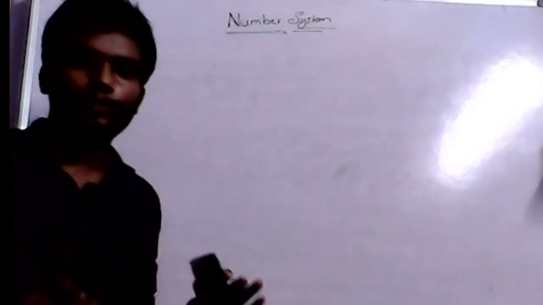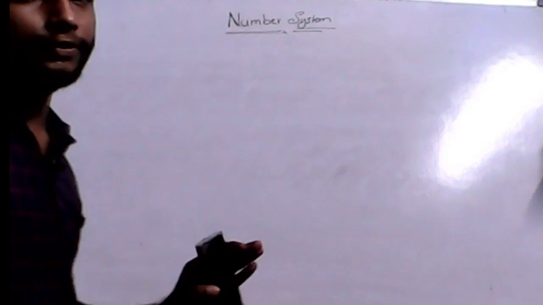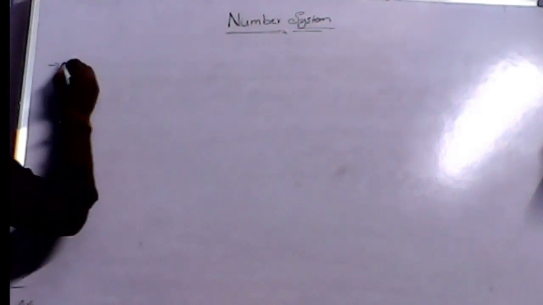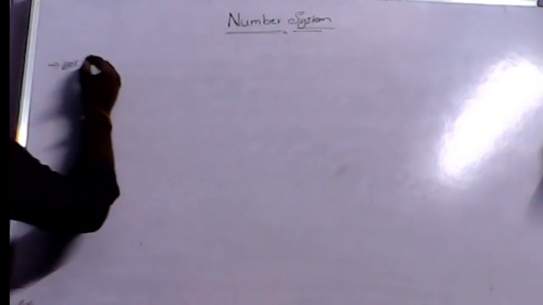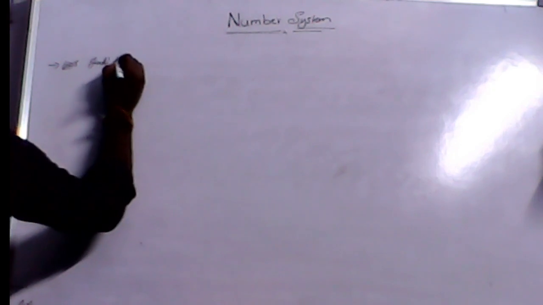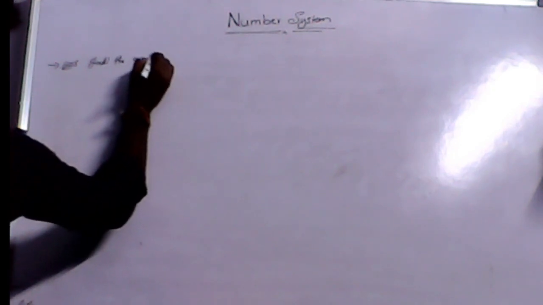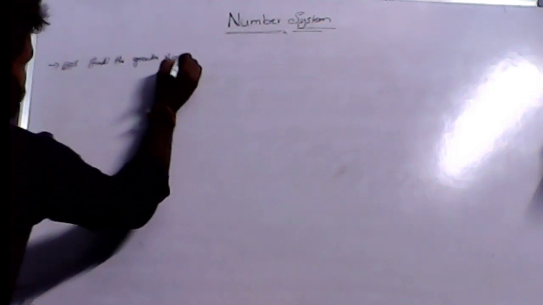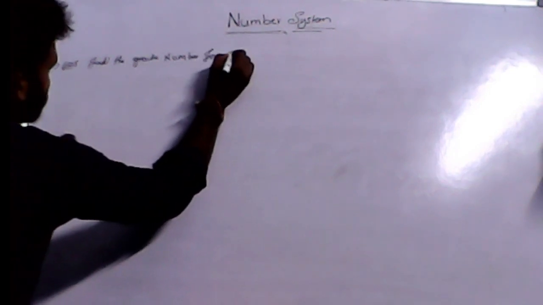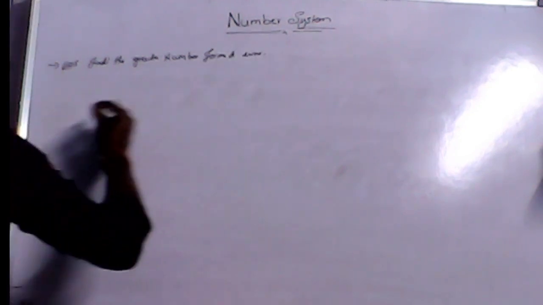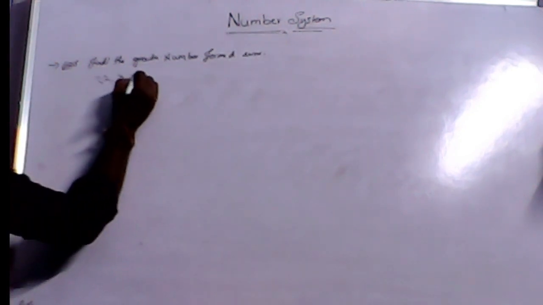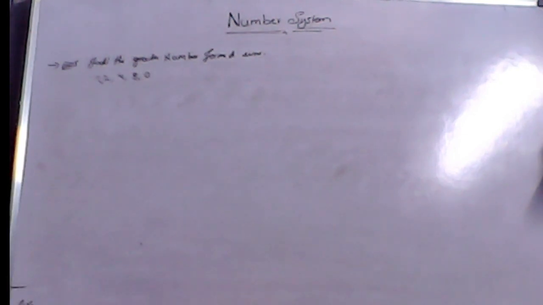Now we will discuss the previous year questions given in different years. First we will go with the 2015 question, which was: find the greatest number formed using 72480.